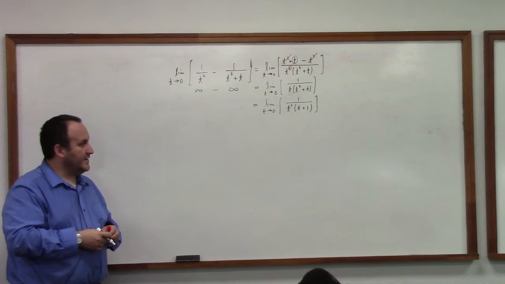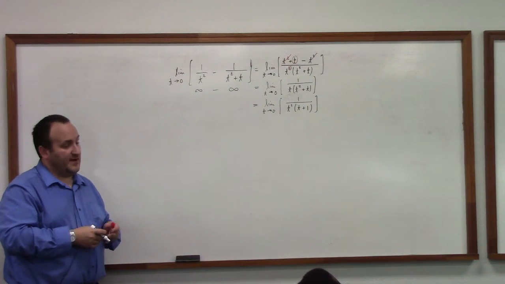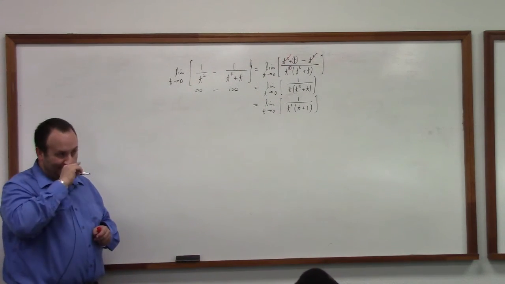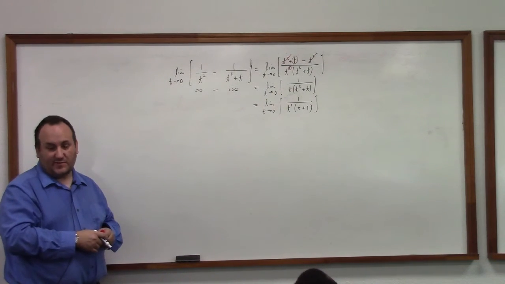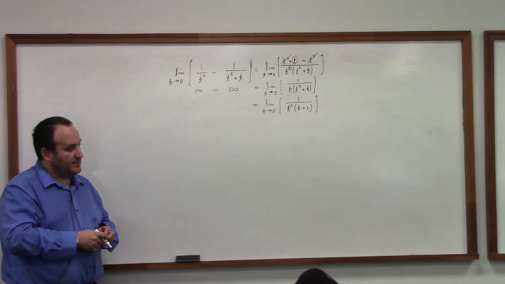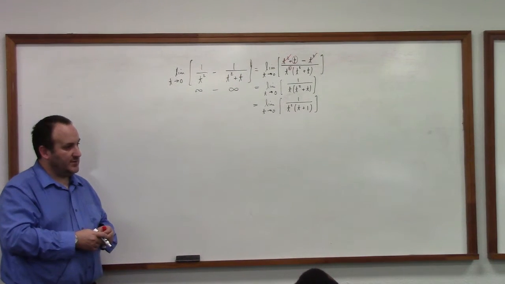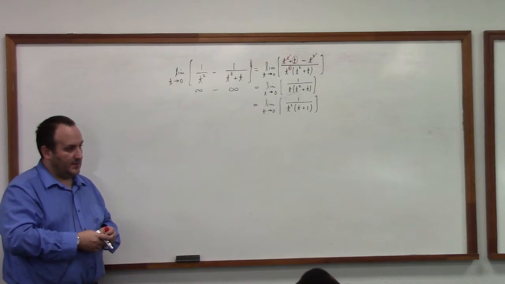So what does that look like, graphically? There's 2 places it has vertical asymptotes, right? t equals 0, t equals minus 1, right?